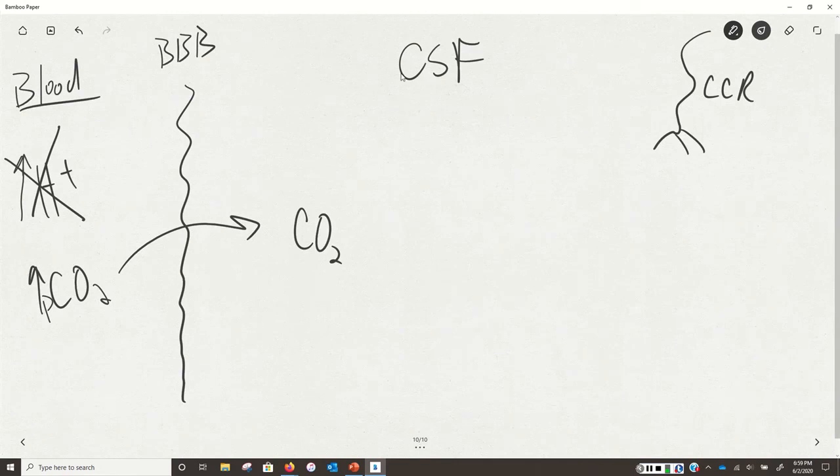Well, the CSF is a fluid. If you had to take a guess based on everything we've talked about this semester, what's the main ingredient of cerebrospinal fluid? Water. And what happens when CO2 and water come together? They're going to make H2CO3. But it gets even better.